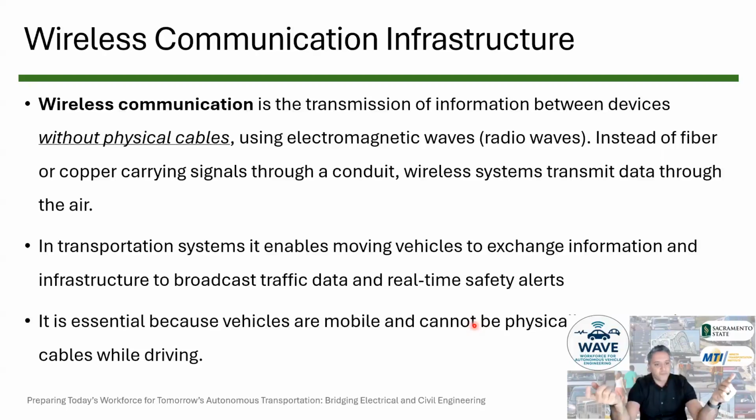They exchange information with the infrastructure and with each other, which we'll talk about. That needs to be done through wireless communication, right? This is essential for vehicles because we cannot have them physically connected to cables.